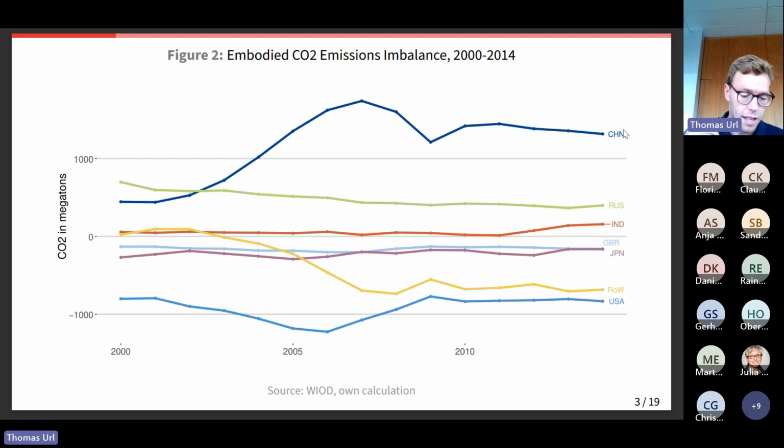This persistency is important. If trade imbalances play a role for these embodied emissions and for global emissions, then this persistency makes clear that this problem won't go away soon.